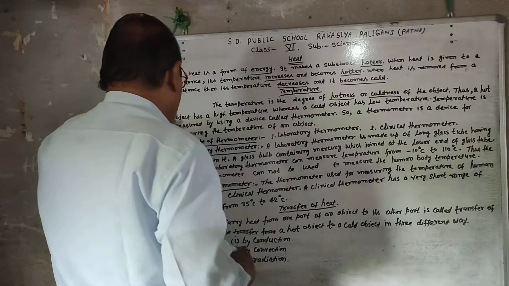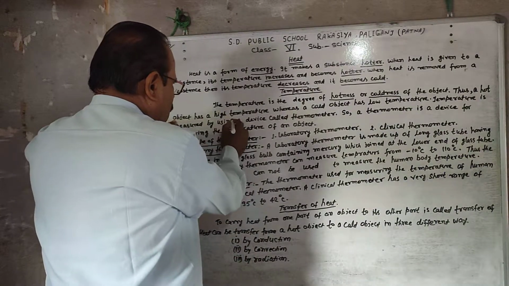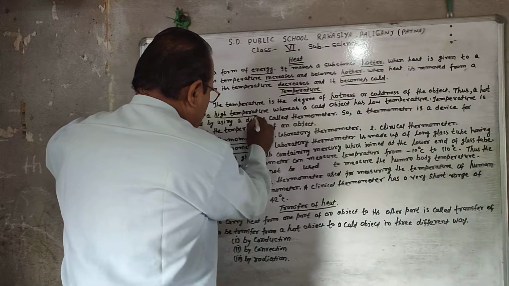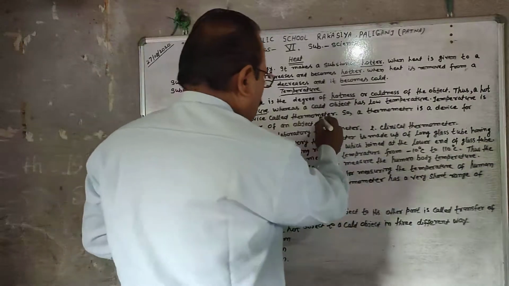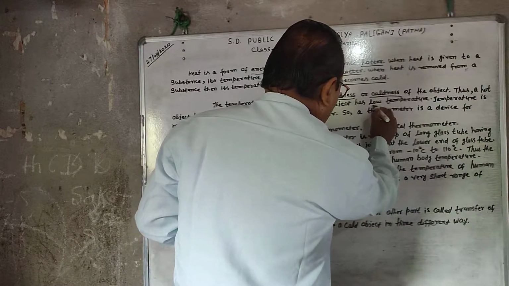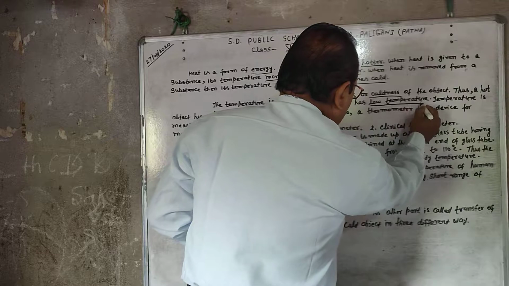Thus, a hot object has a high temperature, whereas a cold object has a low temperature.